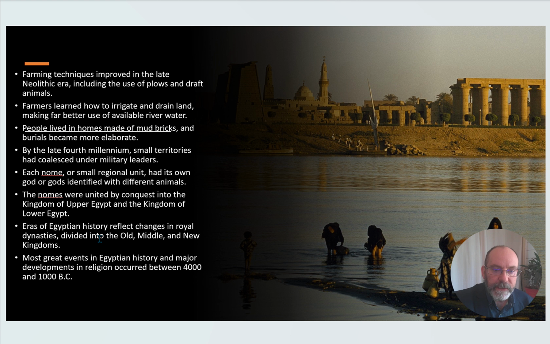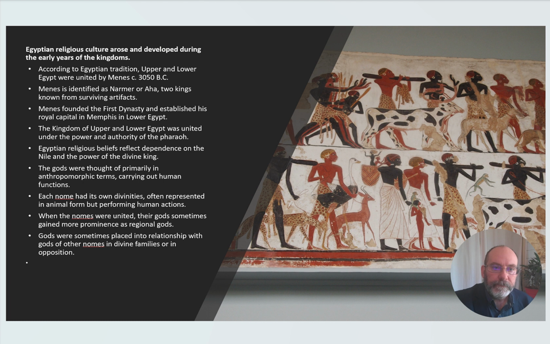Ancient Egypt is divided into the Old, Middle, and New Kingdoms. So Egyptian religious culture arose and developed during those early years of the kingdom. And according to Egyptian tradition, Upper and Lower Egypt were united by Menes in about 3000 BC.